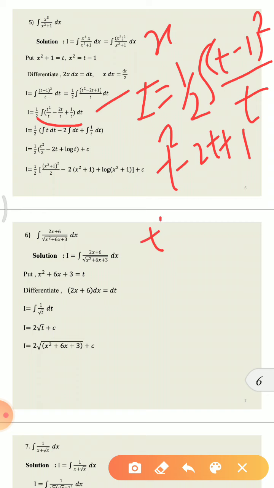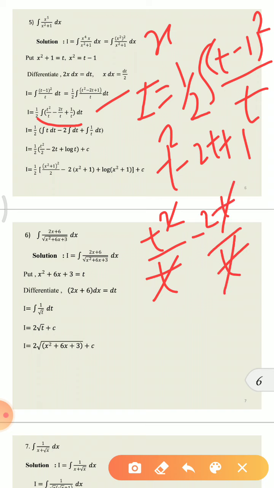In t square upon t, one t gets cancelled, and in 2t upon t, one t gets cancelled, and 1 by t remains. The remaining terms are the integration of t, minus 2 times the integration of dt, plus the integration of 1 by t dt. Integration of t is t square by 2, since 1 plus 1 is 2. The integration of 2 dt is 2t, and the integration of 1 by t is log t.